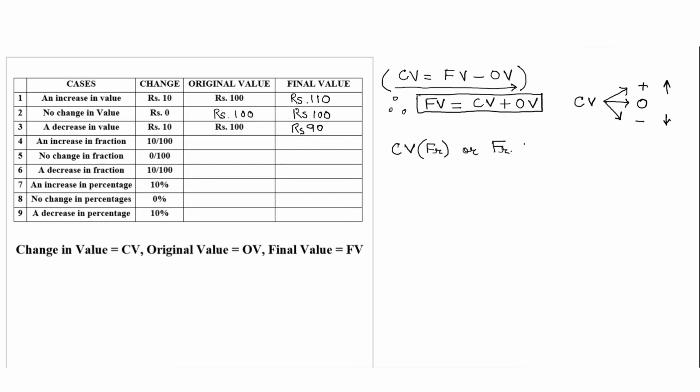So here we are saying fractional change in value. Either I write it like this or I write it like this, it does not make any difference as long as I know the concept. But for a fraction, we know that a fraction comes into existence only when we talk about the numerator and the denominator both.